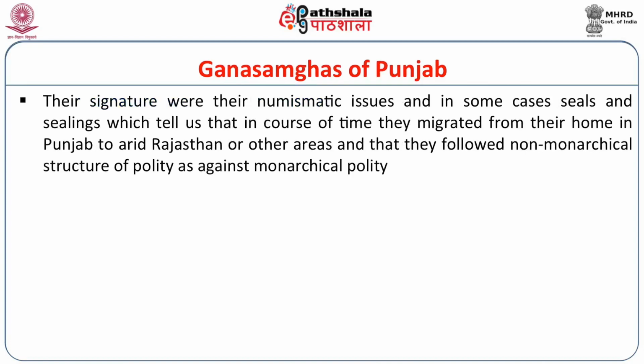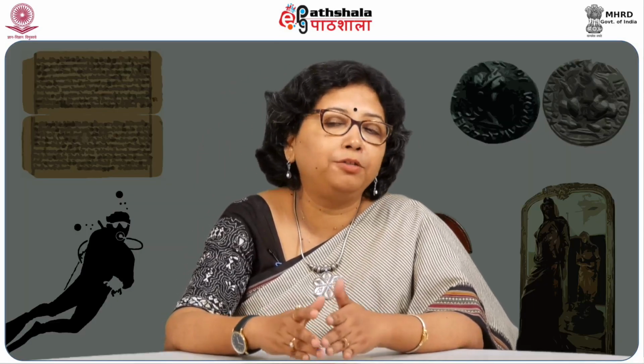Their signature was their numismatic issues, and in some cases seals and sealings, which tell us that in course of time they migrated from their home in Punjab to arid Rajasthan and other areas, and they followed a non-monarchical structure of polity as against monarchical polity. So their polity was completely different from the monarchical polity of the Kushanas or the Guptas or, earlier, the Mauryas.